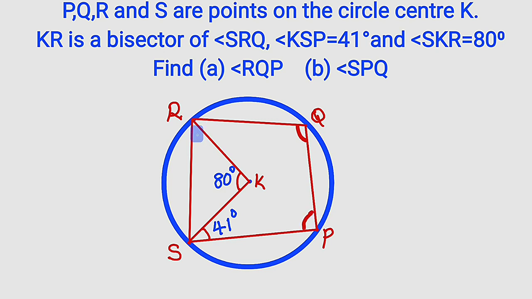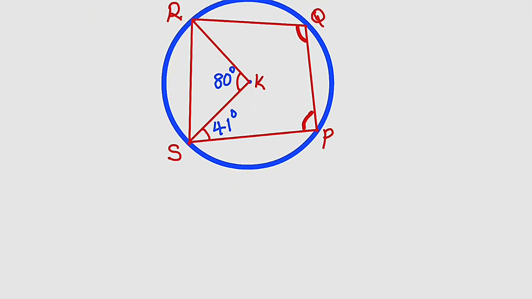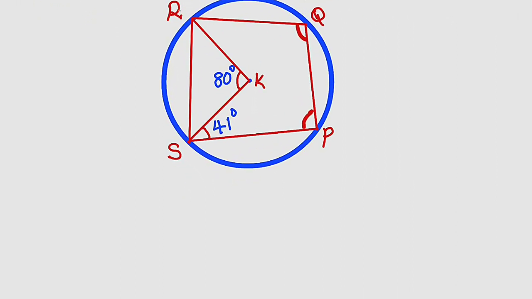First of all, I would like to find these two angles. Remember, they must be the same because the triangle is an isosceles triangle. And you know that the sum of the interior angles of a triangle is 180. Therefore, this particular angle and this particular angle add to 100 degrees because we have 80 already. So let me start by saying that this particular angle, angle KRS, must be equal to this particular angle RSK.